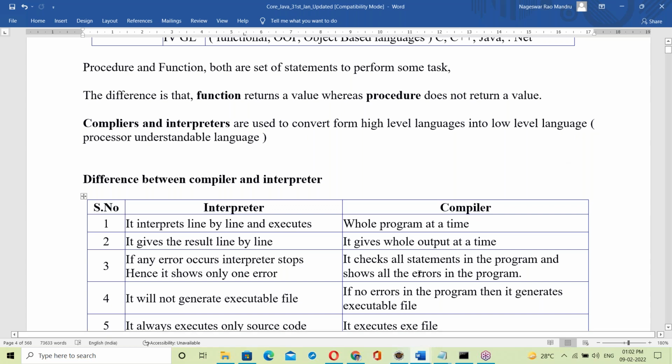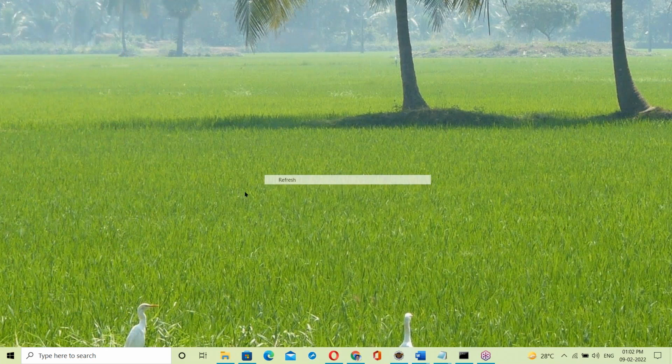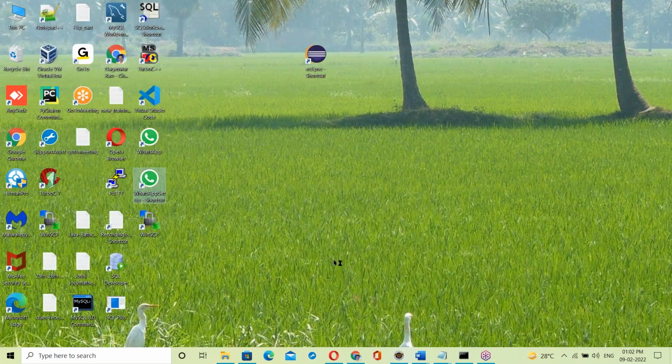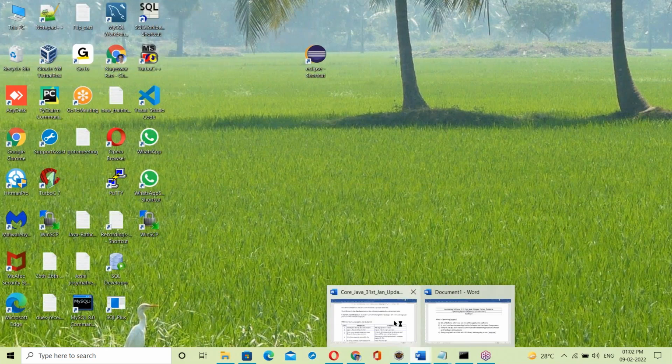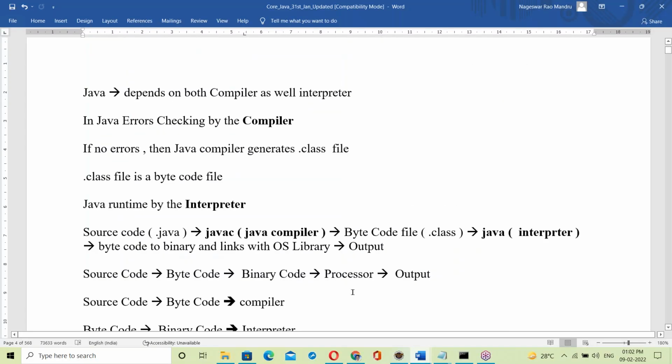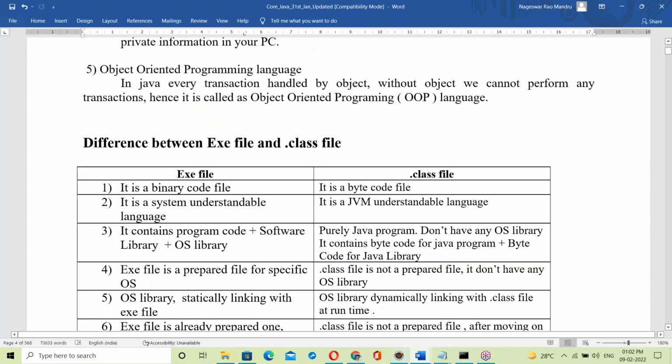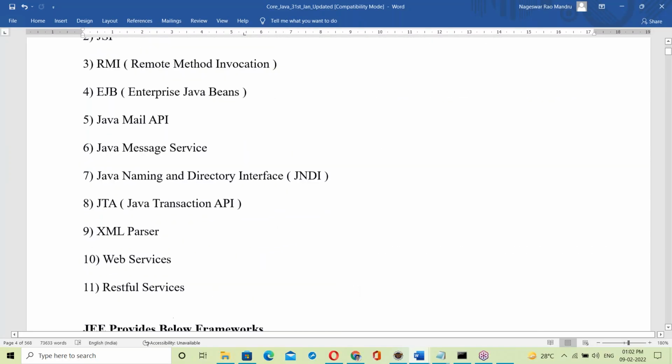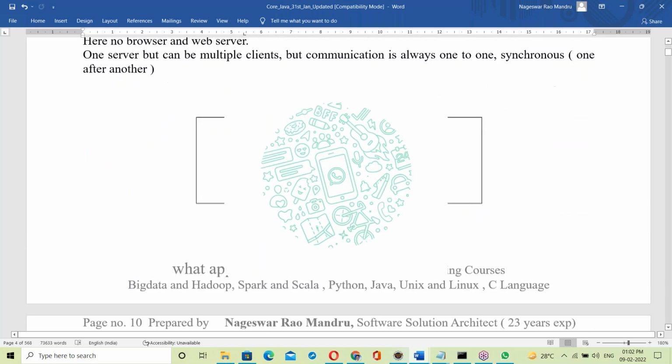Definitely, I will cover JVM architecture. Without JVM architecture, there is no Java. In the coming classes, after finishing all the features, I'll explain the first program.